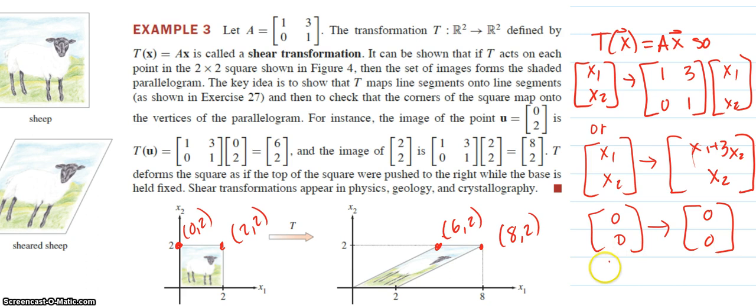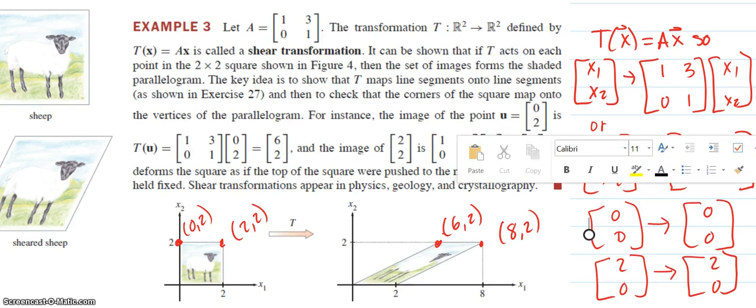And the point 2, 0, where x2 would be 0, would stay the same as well. So the top is shifting, but not the bottom.